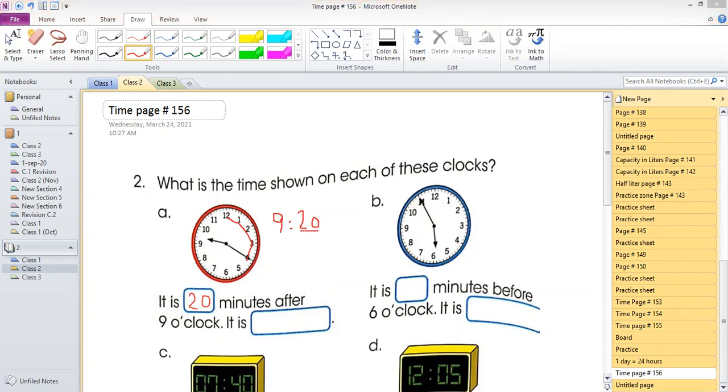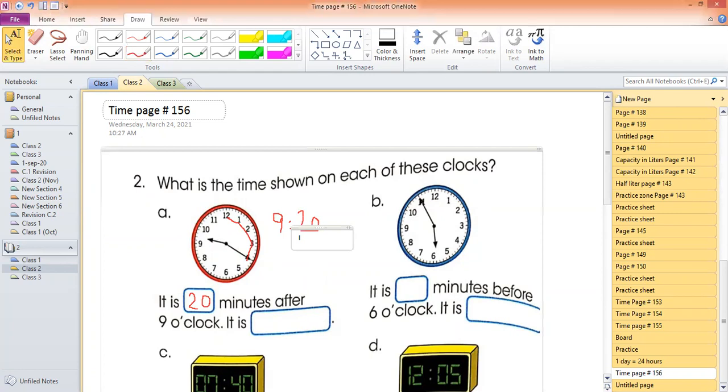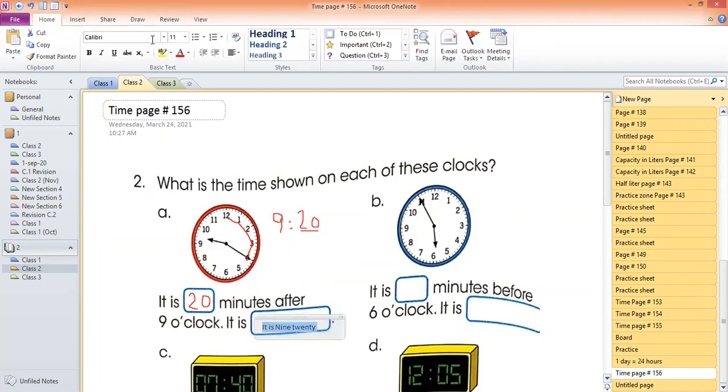So I'm going to write it like this for you. It is 9:20.